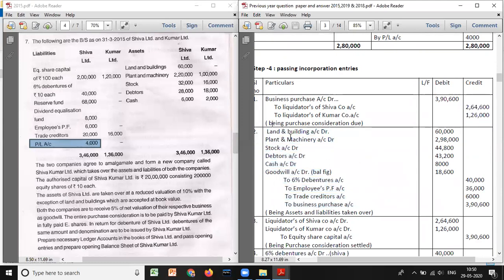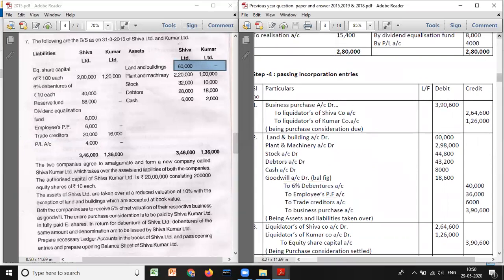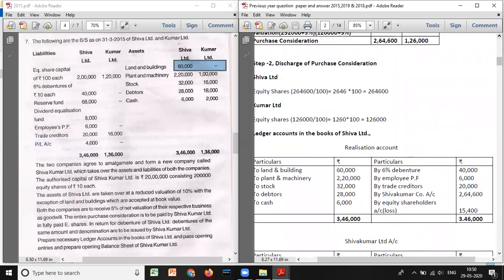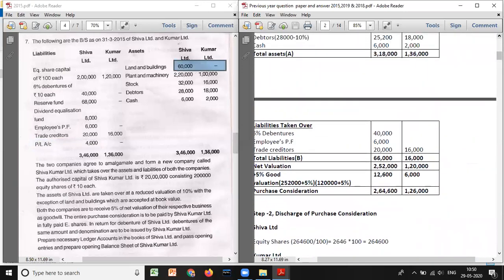Now, look at here, land and building, we have 60,000. So 60,000, nil, both companies you have to add, because both companies will be liquidated. 60,000 to nil, 60,000. And whatever you've done in PC, the same you have to take.